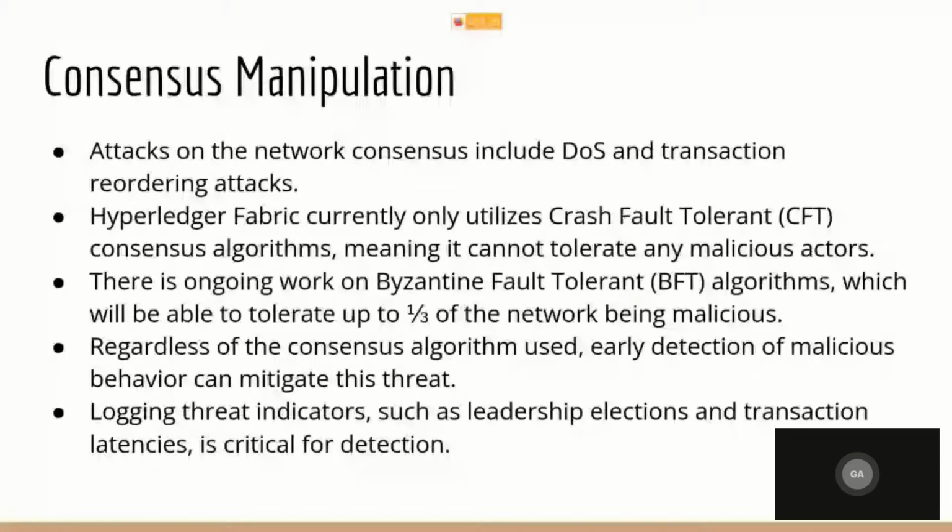There is ongoing research on adding Byzantine fault tolerant algorithms like BFT-SMaRt. So regardless of the consensus algorithm used, if there is a dishonest, malicious ordering service, that attack vector is quite possible. That's why consensus manipulation is a possible attack vector.